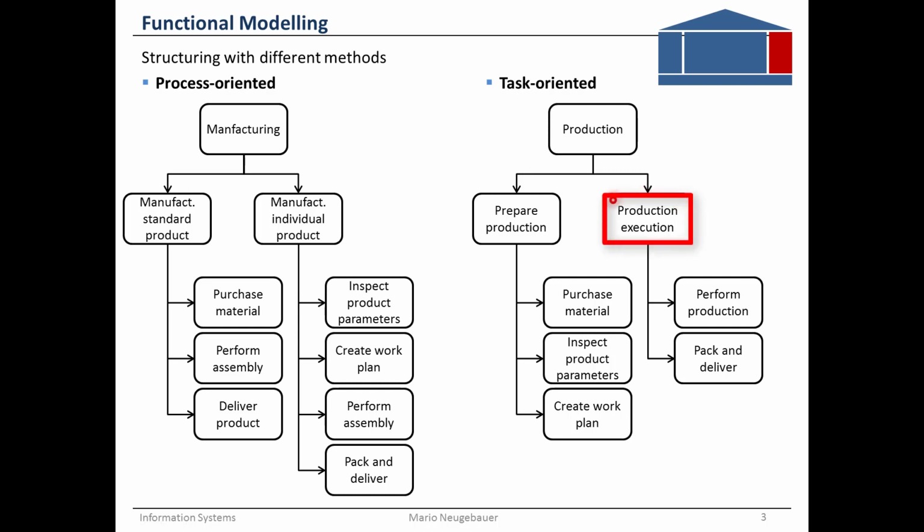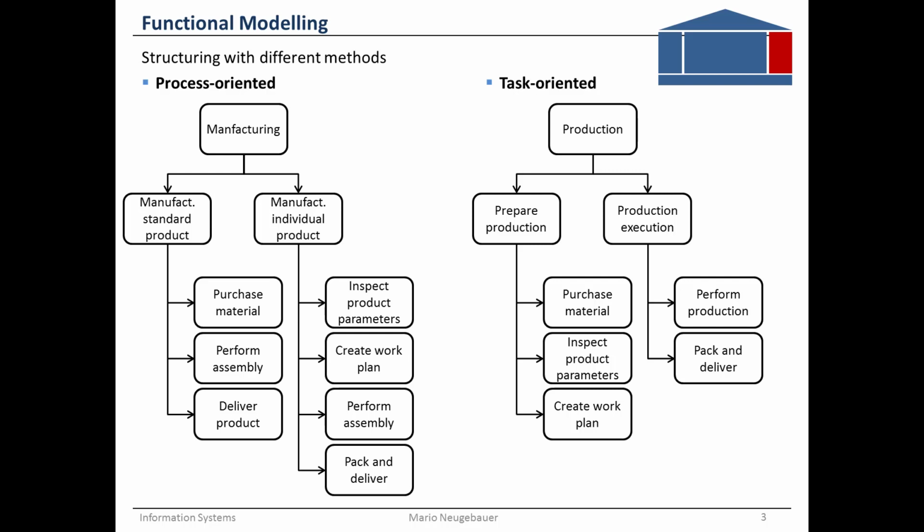In the second function, in the production execution, you would divide into two different functions, like perform the production or pack and delivery, and this might be your aspects for the production execution, for performing the production of the certain order.